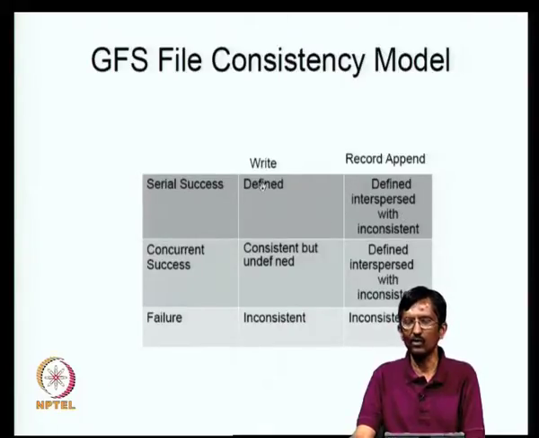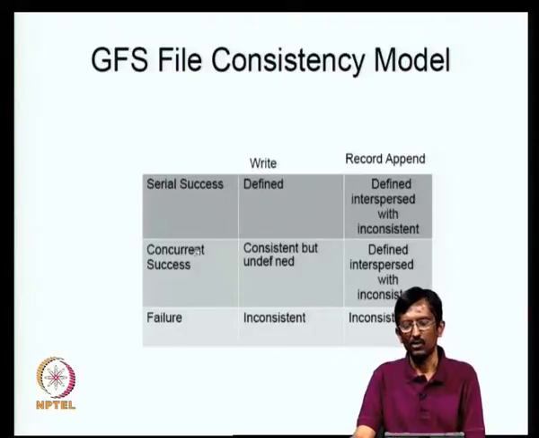See, there is no concurrency here, therefore there is no issue of it being anything other than what has to be the case. So all these things are concurrent situations. Okay. Only this is a serial one. This one says serial success, but actually this record append, because it is essentially trying to give you a concurrent way of appending things, that's why you still could have the same problems that concurrent writes also have.